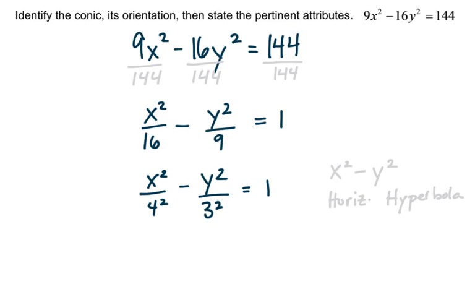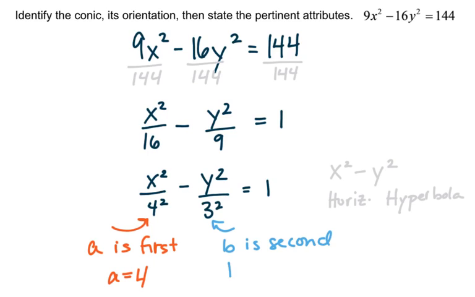Now, the a value is first. A is first. So a is 4. And my b value is second. B is 3. Now there's no shift on x or y, so this is centered at the origin.